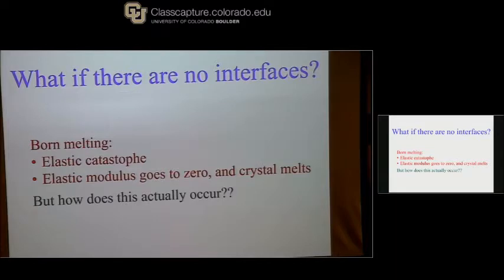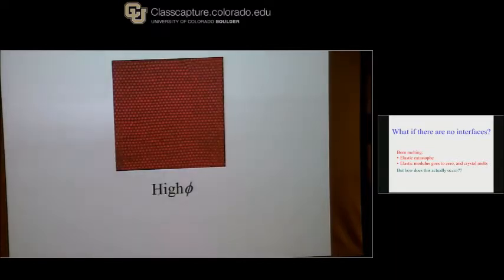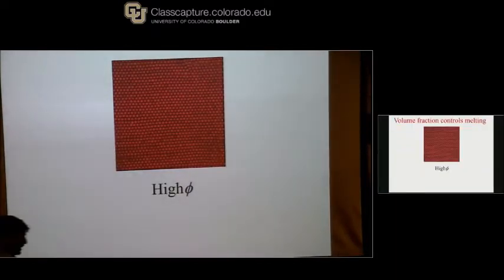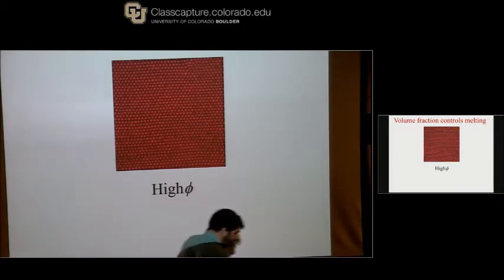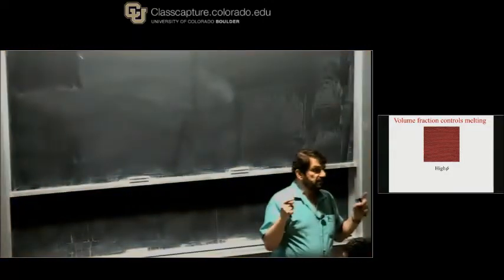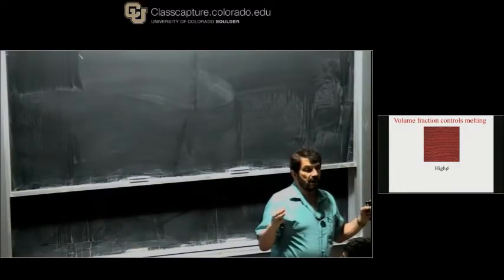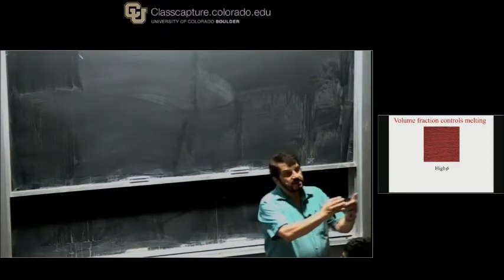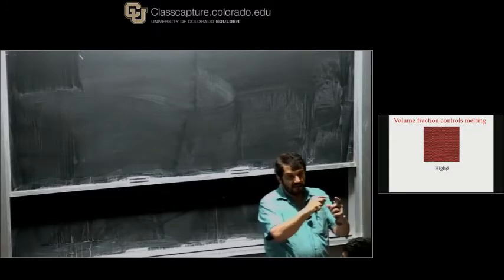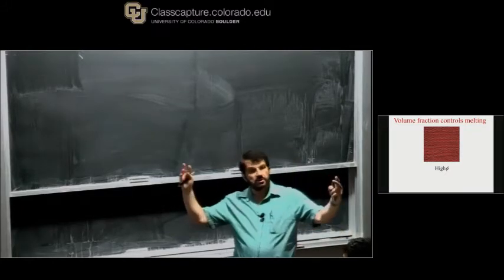Well, you can do that with colloids quite nicely. And I showed you how you can do it. If you take particles that are slightly repulsive and you put them together and you increase the volume fraction, you'll get them to crystallize. But they're crystallizing not because of an attraction, but because of a repulsion, and you're controlling the volume.